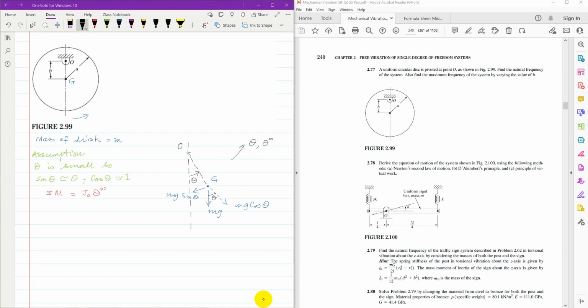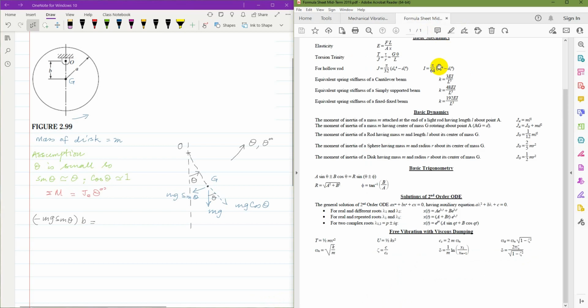That mg sine theta is in the clockwise direction, opposite to the direction of motion, so it is taken as negative. So minus mg sine theta times the radius of rotation, and the distance from O to G is b, is equal to J equivalent theta double dot. For the disk, the moment of inertia of a disk having mass m and radius a about its center of mass G is half m a squared.